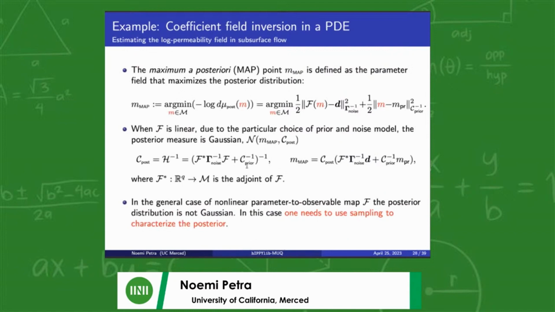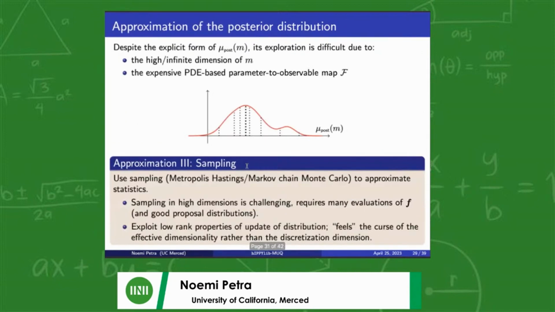Okay, so if things are linear, great, or if you are okay with the Laplace approximation, good. But in general, for nonlinear parameter to observable maps, the posterior is not Gaussian. In this case, one needs to use sampling to characterize the posterior. And so this gets us to some Metropolis-Hastings Markov chain Monte Carlo approaches to approximate some statistics.